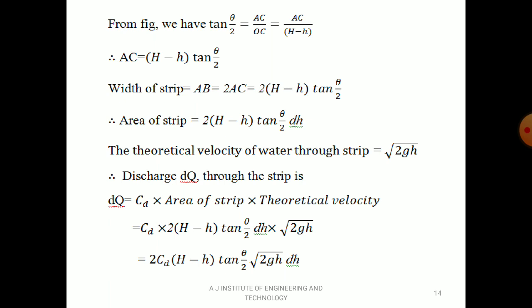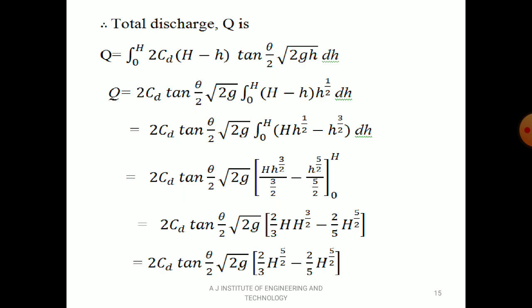So dq equal to Cd into 2 into (H minus h) into tan theta by 2 into dh into square root of 2gh. So that is equal to 2 Cd (H minus h) tan theta by 2 square root of 2gh into dh.